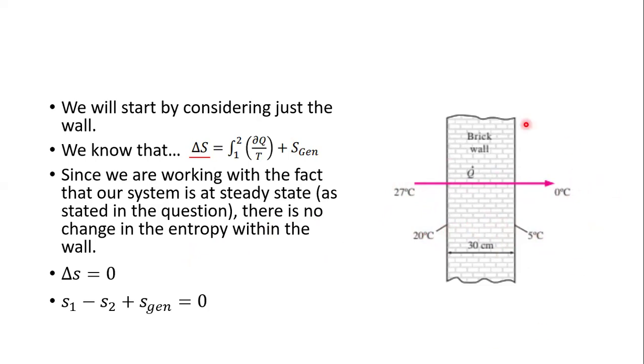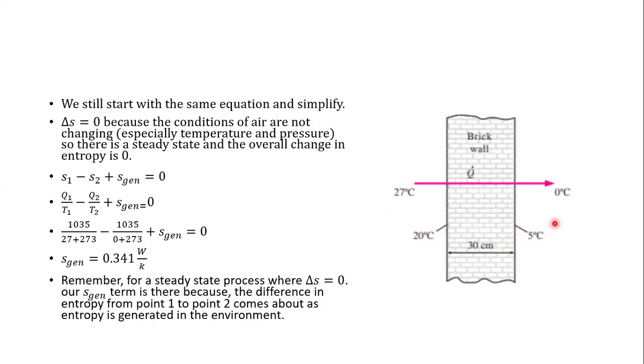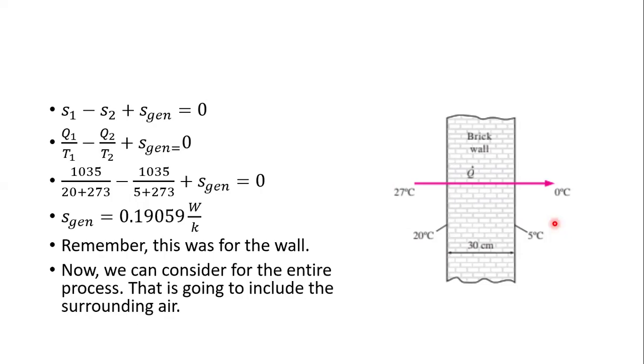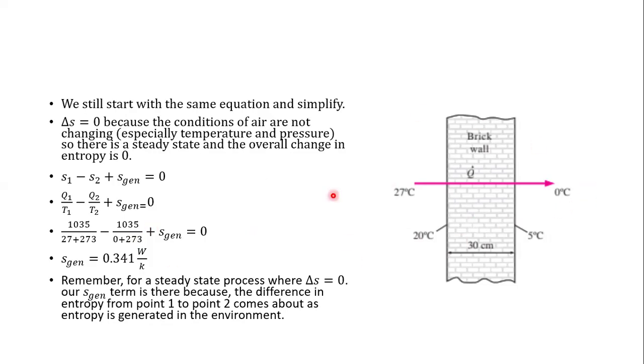But if we are considering the entire system, then we have to use 27 and then 0. So if you look at it, the entropy generated in the wall alone is 0.19, but entropy generated for everything is 0.34. That means that the entropy generated in just the air, in and out, will be the difference between them. Okay, that's good.